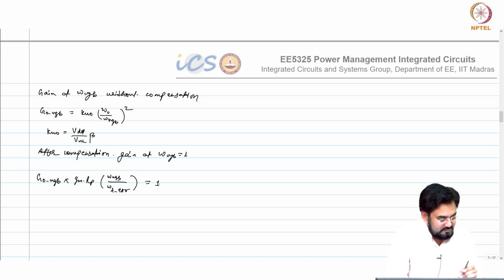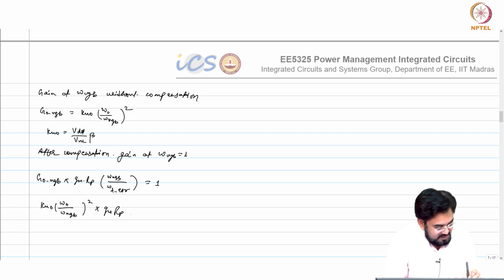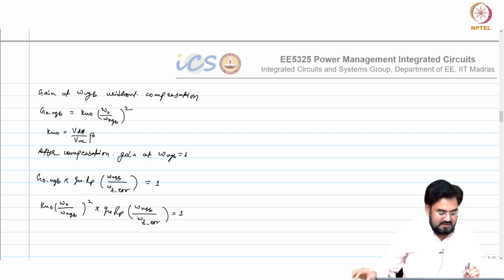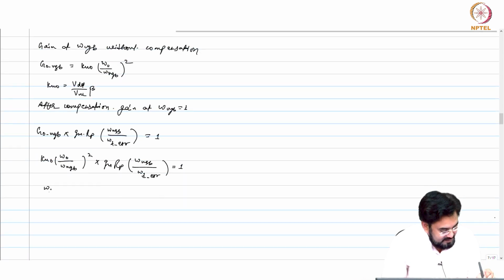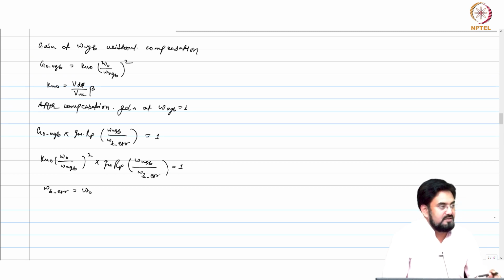Correct. Now substitute these values and what you get here: Ku 0 over omega UGB whole square into GMRP into omega UGB over omega Z ESR equal to 1. Now I will choose omega Z ESR equal to omega naught.